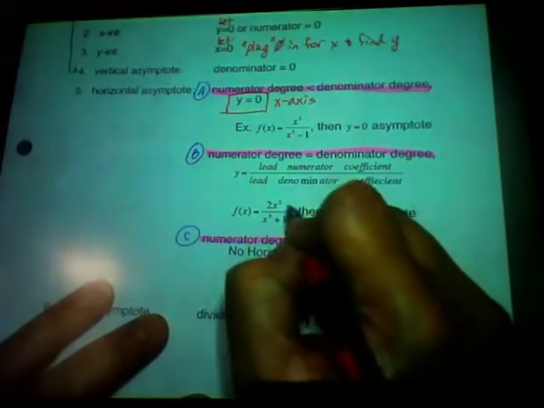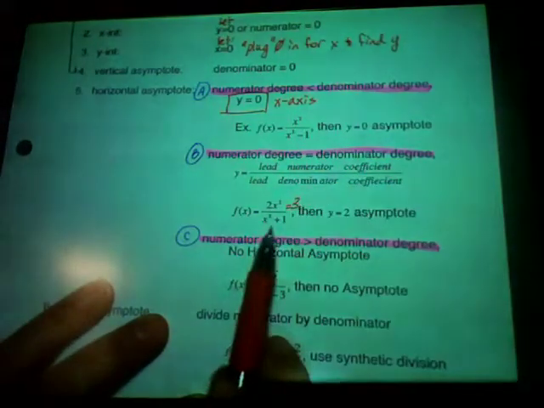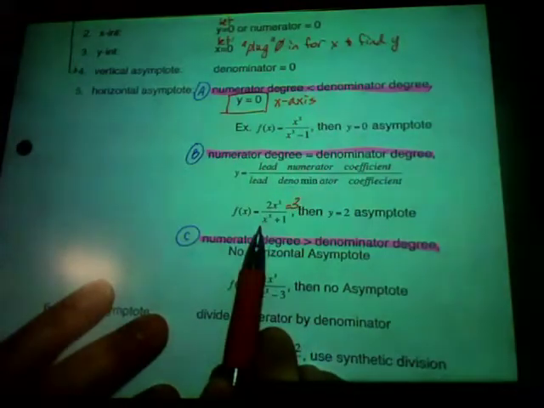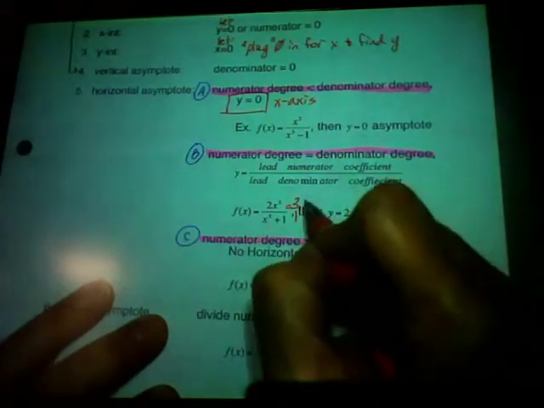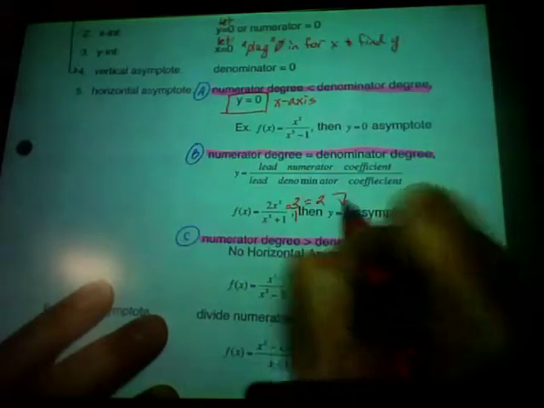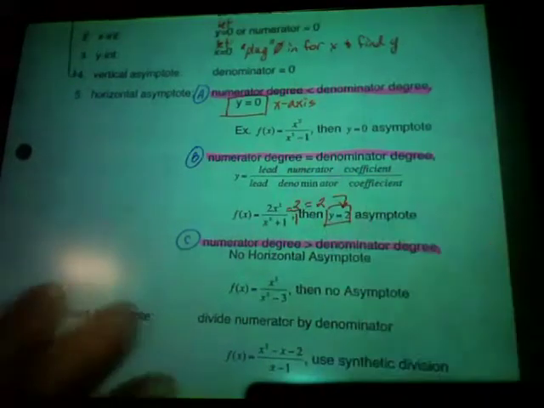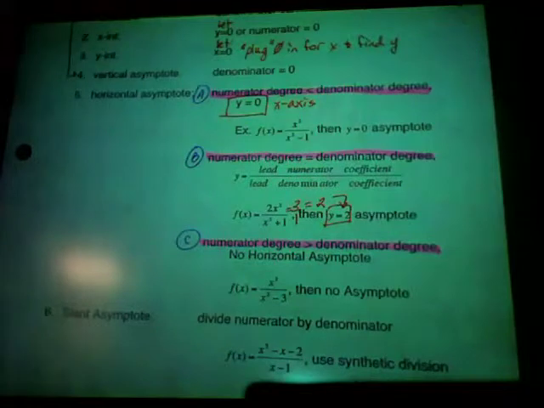So this is going to equal 2 over, what's the coefficient of the leading denominator term? 1. So we get 2 over 1, and so that equals 2. So then we end up with y equals 2. So if the numerator degree is exactly equal to the denominator degree, take those 2 coefficients of the highest degree terms, put one over the other, and reduce. And then y equals 2, isn't that horizontal? Goes to the y-axis at what point?